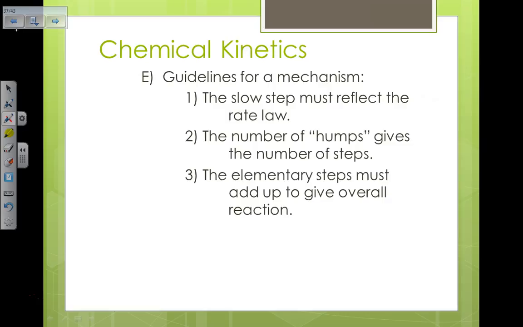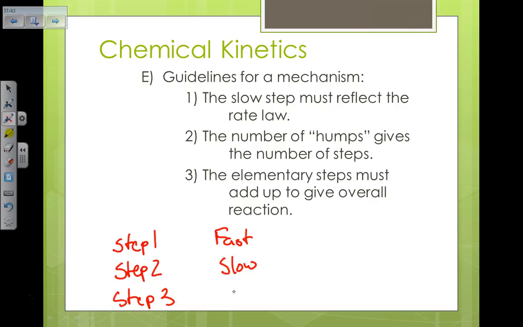In order to write a mechanism, the slow step must reflect the rate law. Now what do I mean by that? You're going to be given a mechanism that has step 1, step 2, step 3, however many steps there are, however many humps there are on the graph, and they will all be labeled fast, slow, fast, or you'll see one labeled RDS, rate determining step.